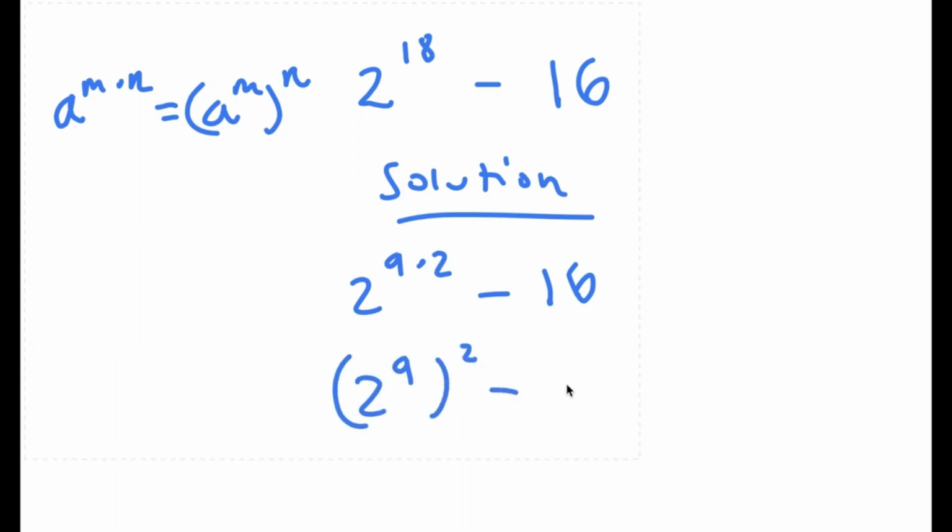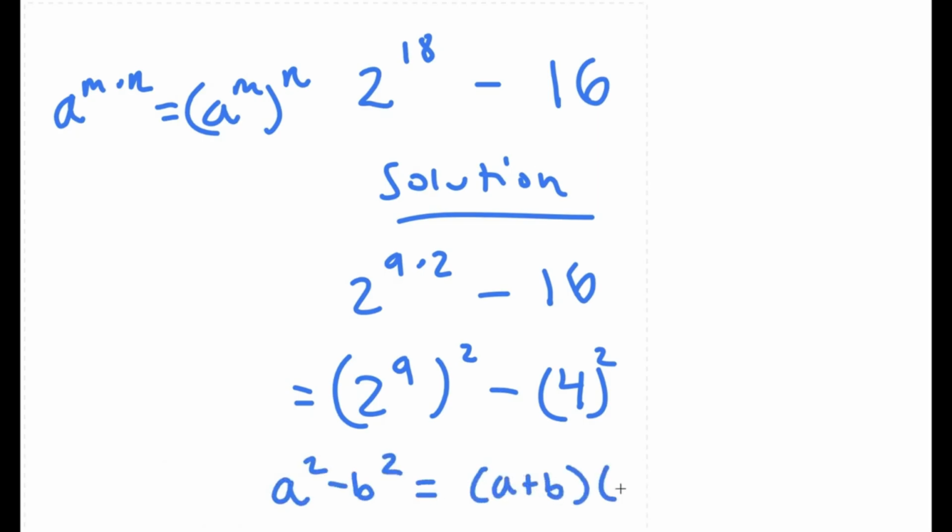Now I have this minus 16, which I'm going to write as 4 to the power of 2. Now, if I have something in the form a squared minus b squared, this is equal to a plus b times a minus b.